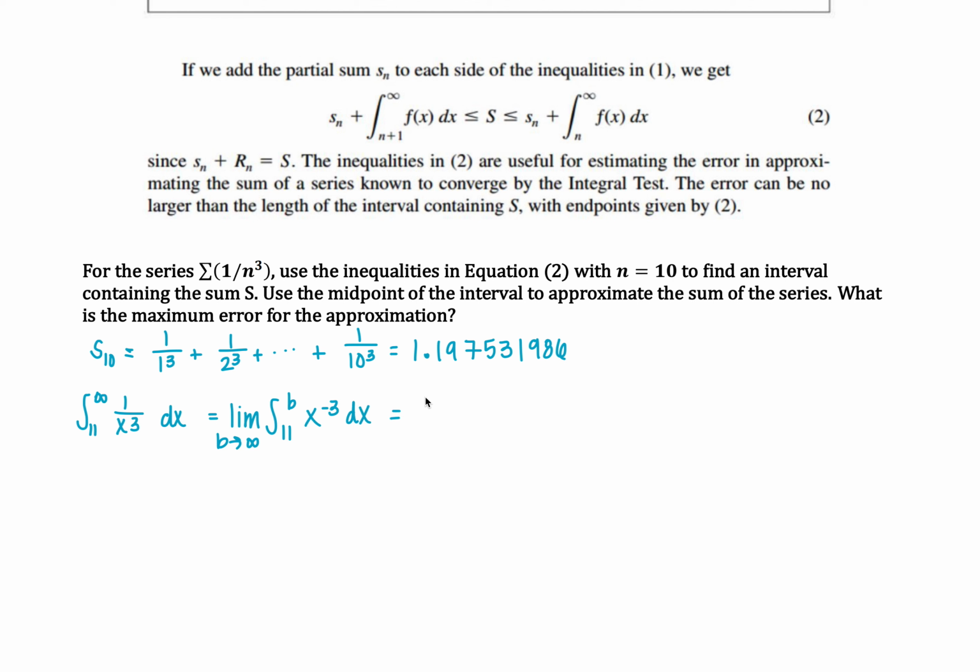So we can integrate that very easily. So we have the limit as b goes to infinity of x to the negative second over negative 2. Apologies there. And we're looking at that from 11 to b. Of course, that's the same thing as 1 over negative 2x squared.